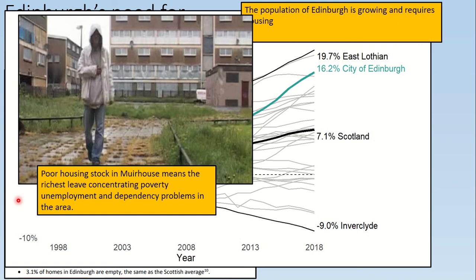It's run down, it's old, it's scruffy. The building quality often invites problems such as damp, which can lead to things like asthma. A key problem also is that where we have poor housing stock, the people who can afford to leave those areas do so. And that leaves behind an ever increasingly concentrated pool of people who cannot afford to leave.